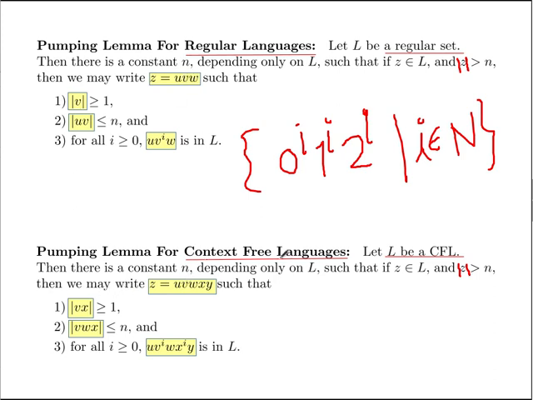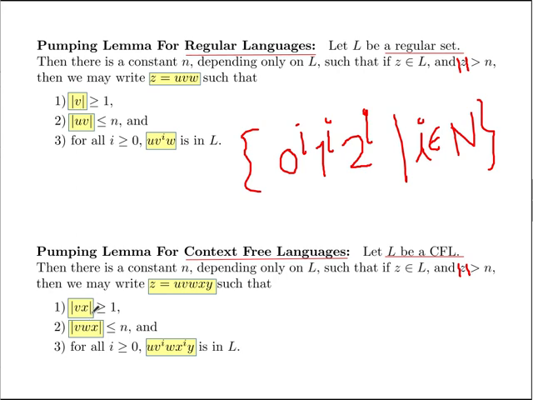For context-free languages, it says that we can break this into 5 parts, u, v, w, x, y, such that vx has at least one symbol. It's even allowed to have one of them empty, but if you take them together, they must have at least one symbol. Both of them can be non-empty, but both cannot be empty together. And the length of vwx is at most n.